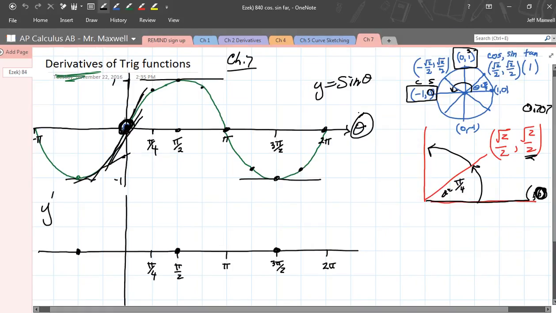So with that derivative of 1, again, I'm just drawing bad tangent lines here. The derivative at this point is 1, so we're going to put the point at y equals 1.